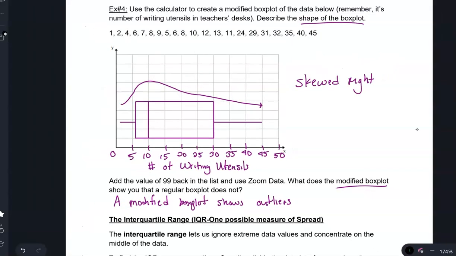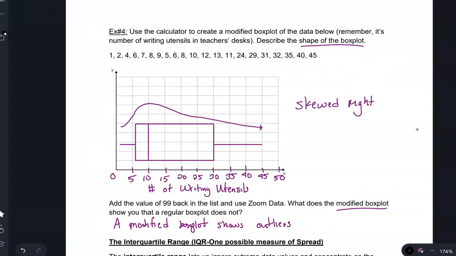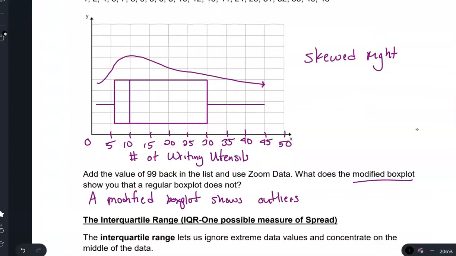Your homework or test or quiz may or may not specify that it's a modified box plot. If it just asks for a box plot, always graph a modified box plot, meaning if there's outliers, do that. But we already added 99 back a million times, so I don't want to do that again. Okay, so there's our cute little box plot there.